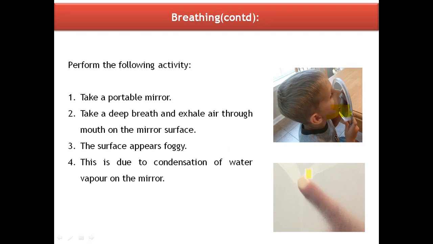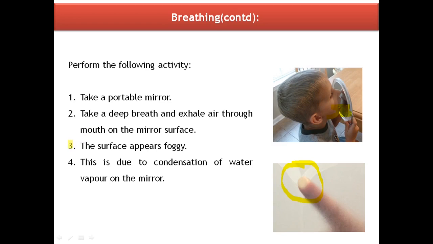We can observe water vapor or fog on the surface of the mirror. This is due to the water vapor present in the exhaled air, which condenses on the cool surface of the mirror. From these 2 instances, we can say that exhaled air consists of carbon dioxide and water vapor.